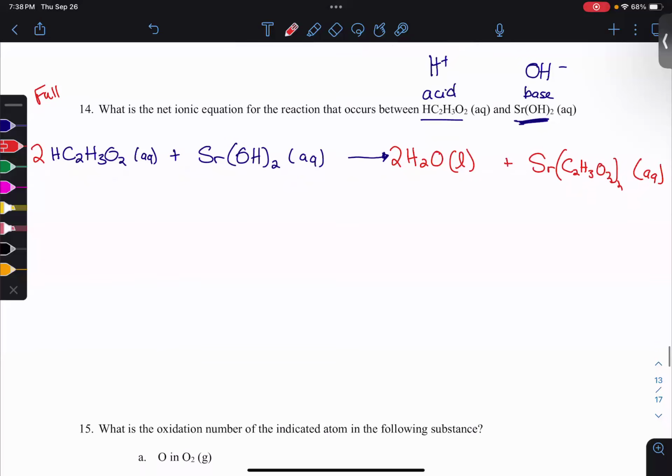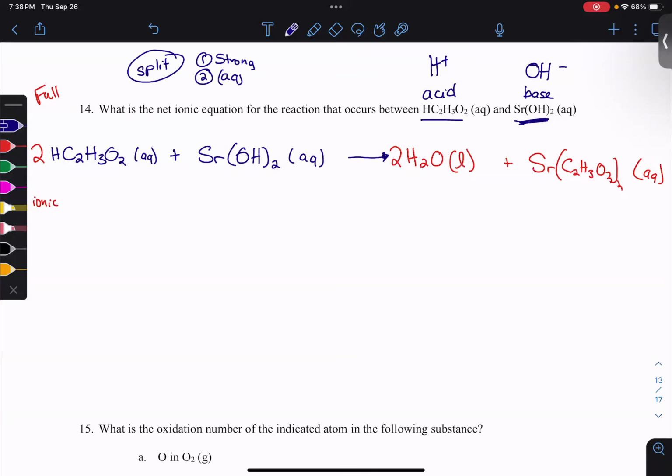Now let's get our full ionic equation. What we have to do is split things into their ions, but the only things we split are things that are both strong electrolytes and aqueous.